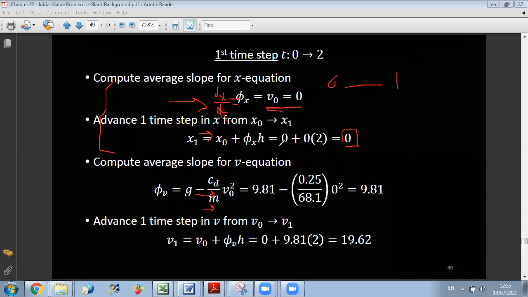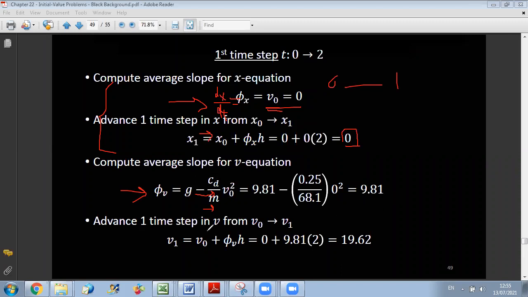Okay. Now we will proceed with the v equation. So all we have to do then is to update v. To update v, you have the slope of v, which is g minus cd over m times v0 squared, equal to 9.81.